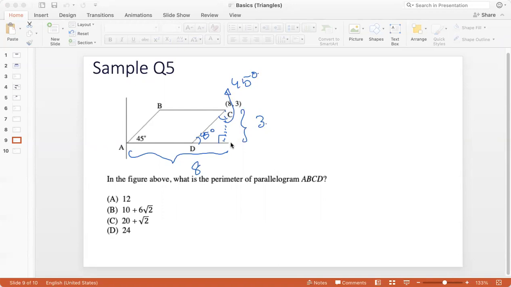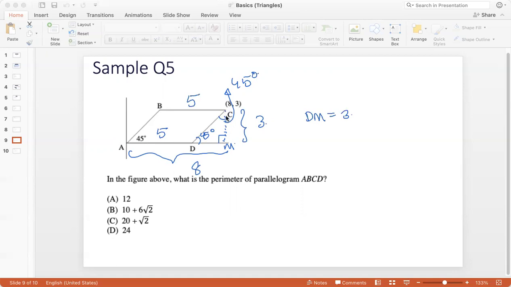So this is a 45, 45, 90 triangle, which means that if this is 3, then let me call this M, then DM is also 3, right? If DM is 3, then AD has to be 5 because AM is 8. If AD is 5, then BC is also 5 because opposite sides of a parallelogram are equal. Now, what about DC?